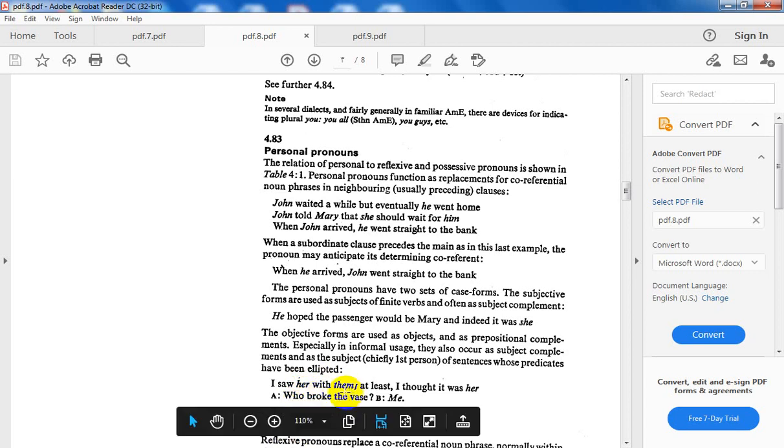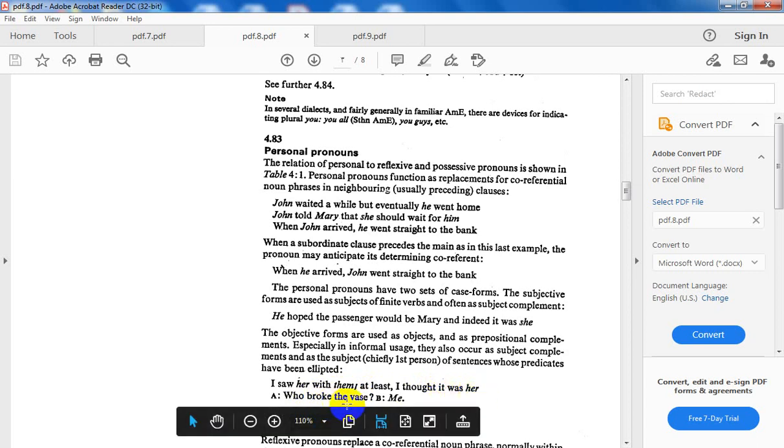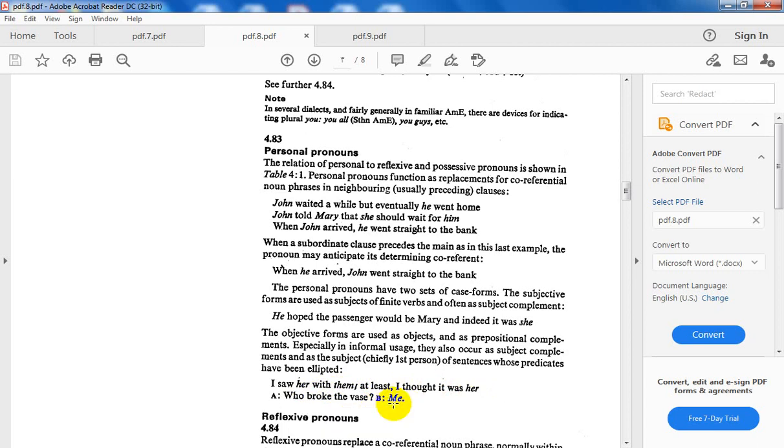With them, it is an objective pronoun, functioning as a prepositional complement. At least I thought it was her. Her is an objective pronoun, functioning as subject complement, SVC. Who broke the vase? Me. It should be it is I, but me is informal.